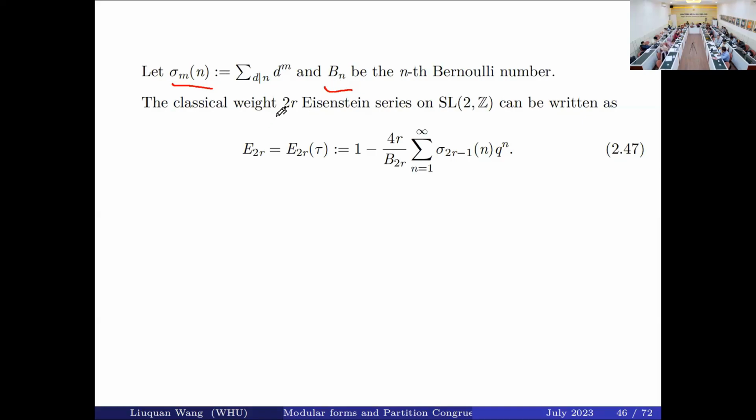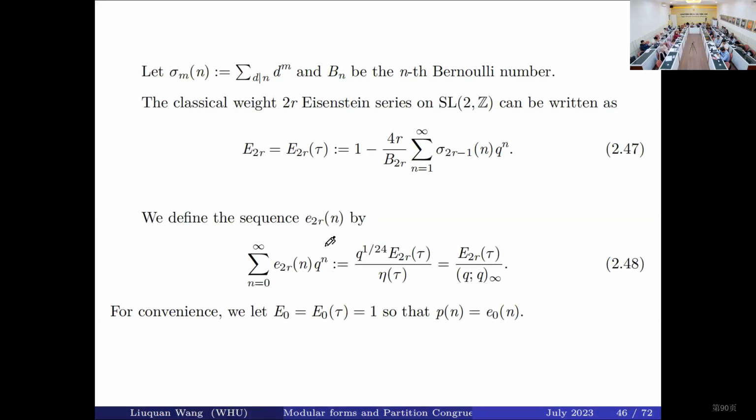We recall the weight 2r Eisenstein series we defined in the first part. Now we define the sequence E_2r(m) by the quotient of E_2r(τ) divided by (q;q)_∞. When you make a Fourier expansion of this function, we denote the n-th coefficient by E_2r(n).